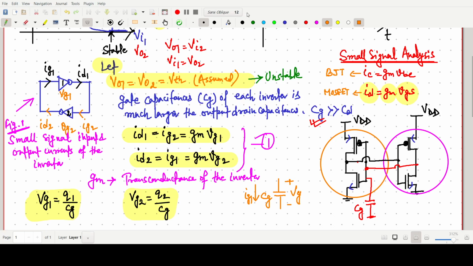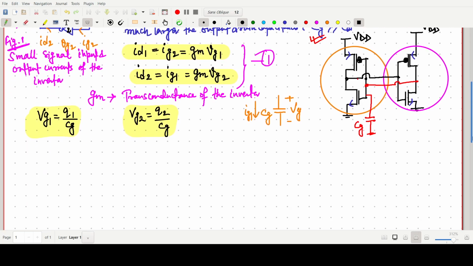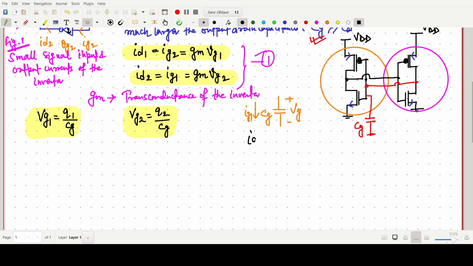These three equations are very important. This Ig1 value will be nothing but simply C dVg1 by dt, where I am saying this one is Vg1, because for a capacitor the current is C dV by dt.